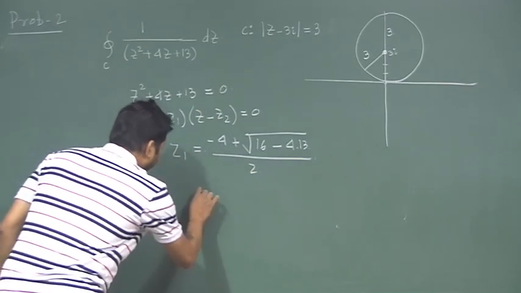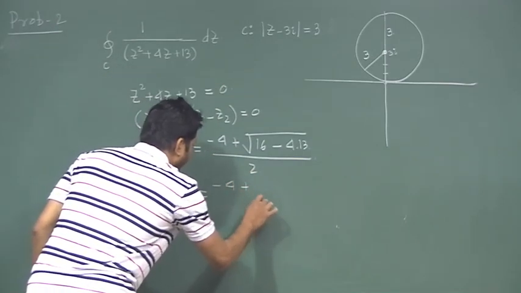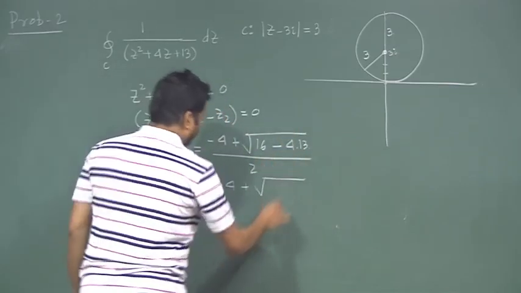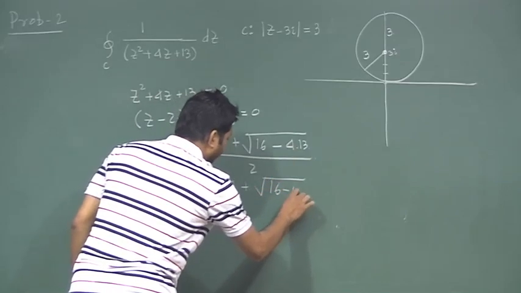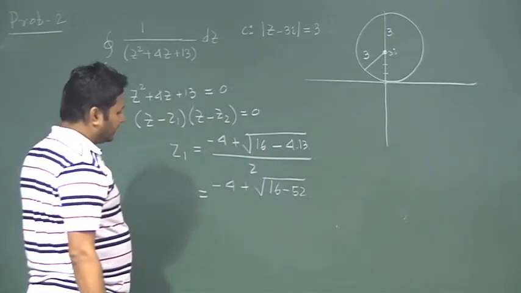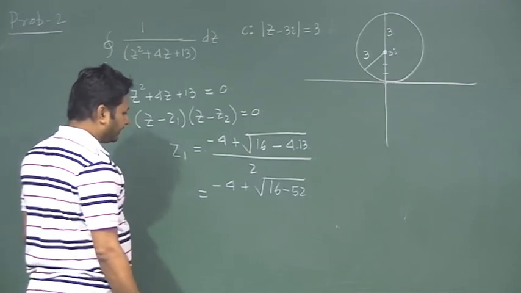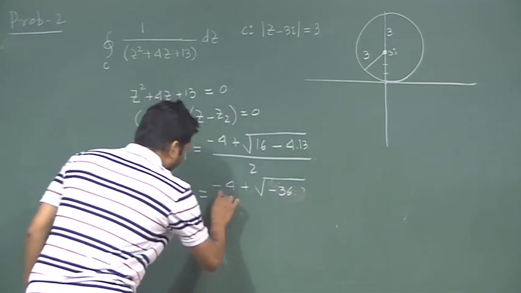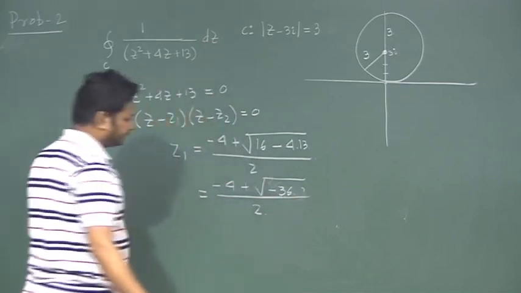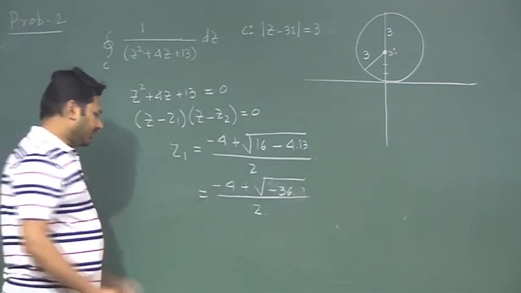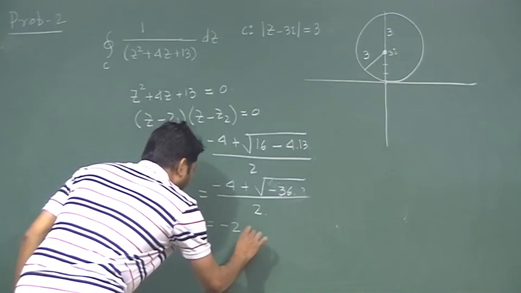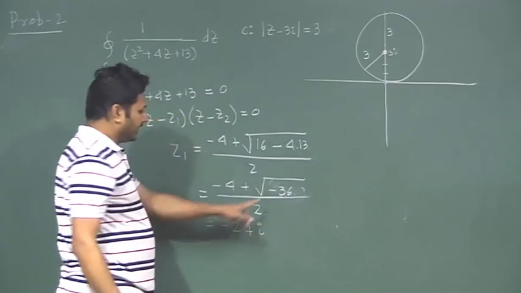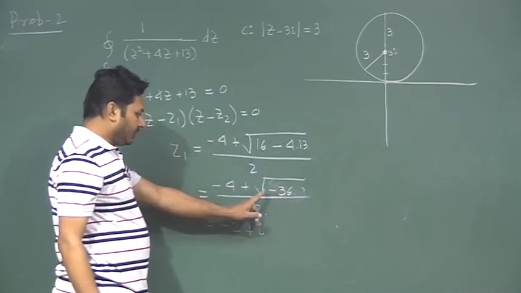So, here we have minus 4 plus root over 16 minus 52, which is minus 36, divided by 2. So, this quantity is minus 2 plus, if I take 36 out and take i as root over minus 1, it will be 6 divided by 2.